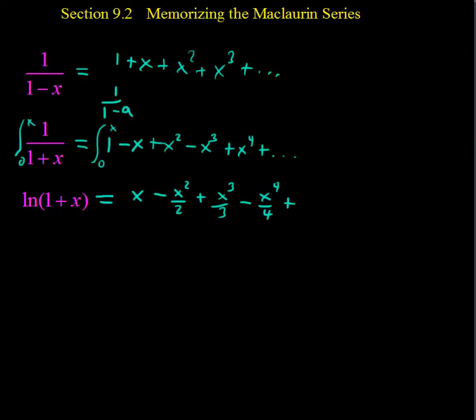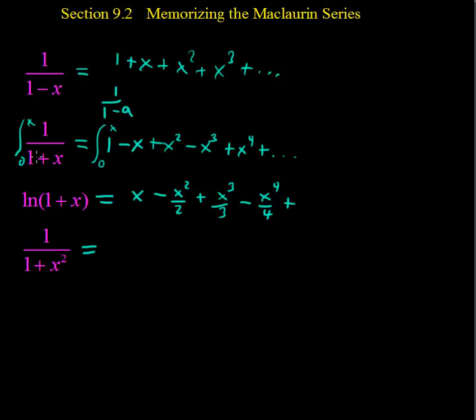Now this next one is 1 over 1 plus x squared. Now that's not actually one of them that they show that you need to have memorized, but if you have it, it helps us produce our next one, which is for arctan. So all we do to get this is put x squared in place of x in this function up here.